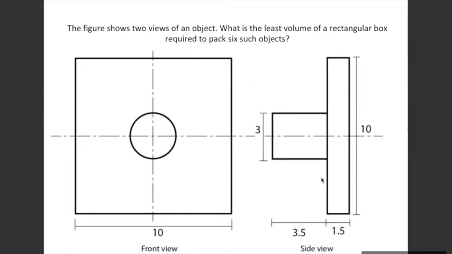The least, matlab minimum, kam se kam volume. How do we go about this? We are given a number, we have to pack 6 of such objects. और आपको dimensions दिया है, so 10 by 1.5 by 3.5. This is in centimeters.